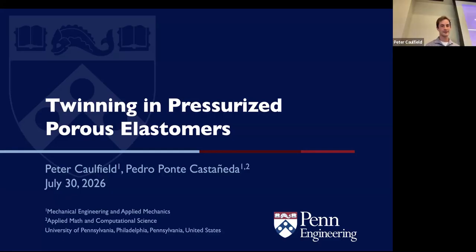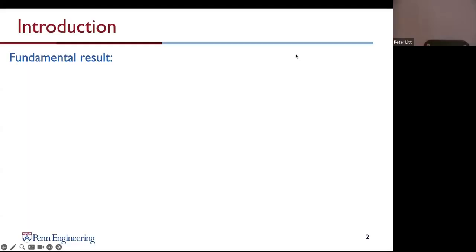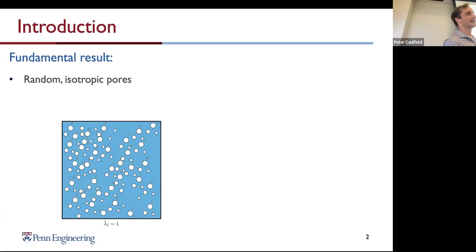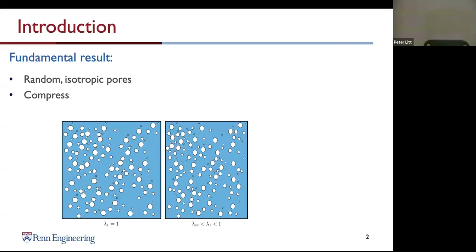So I'm going to start off by, let's see if this works. There we go. Skipping ahead to the punchline to tell you what we're talking about. Okay. So here's the fundamental idea of what we're looking at. Imagine you have some sort of rubber and you have pores randomly distributed inside of that rubber. And now you start compressing that material. So you start here, we're just doing some uniaxial compaction. And what you'd expect is that as you start off doing this, all of the pores on average are going to compress more or less in the same kind of way.